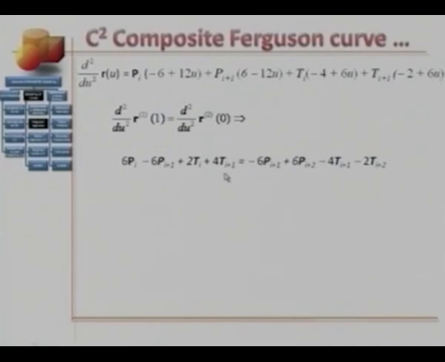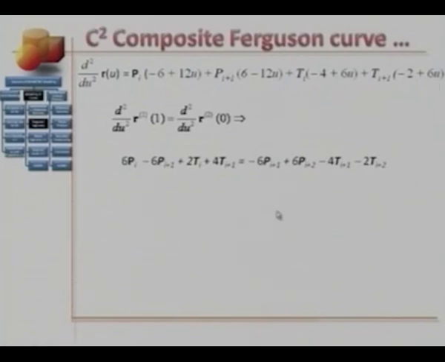For the second segment, the data points will be p_(i+1), p_(i+2), and the slopes will be t_(i+1) and t_(i+2). In other words, the index here needs to be incremented by 1. Also, these coefficients need to be evaluated for u equals 0.